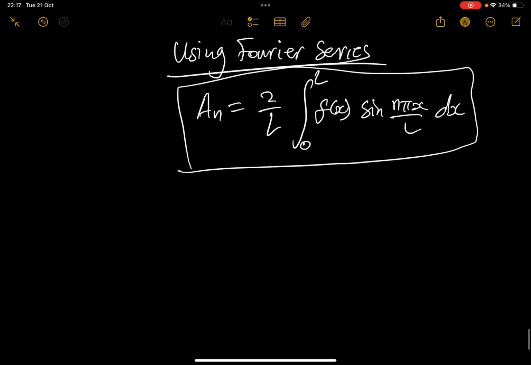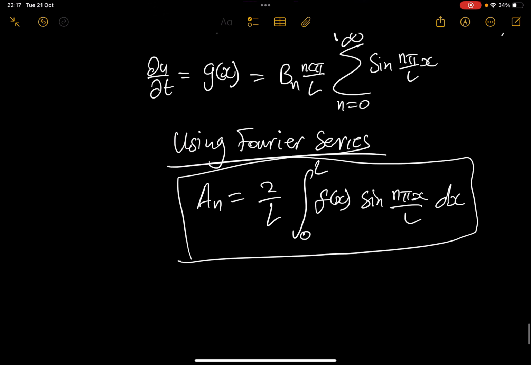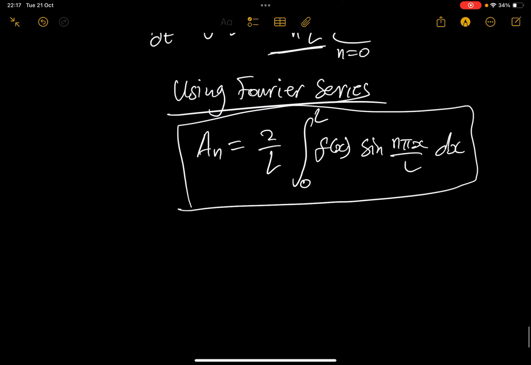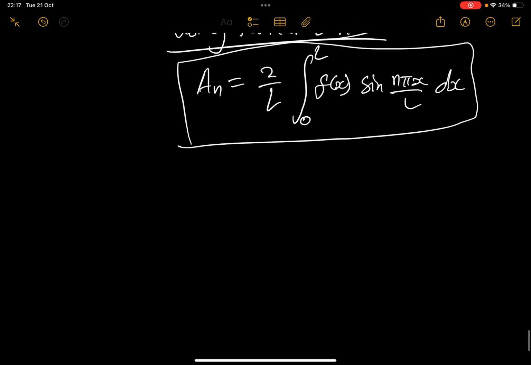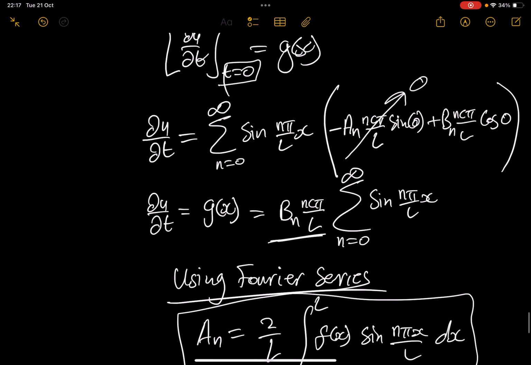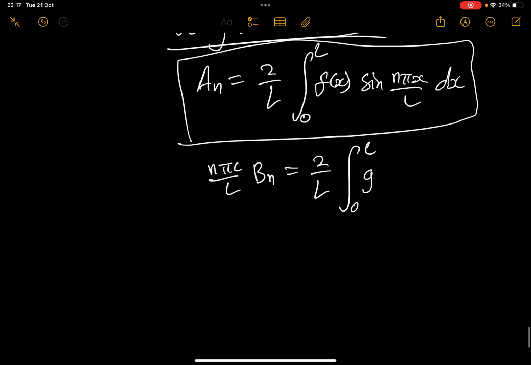Again, to find bn, we know that bn is here, so we have n pi c over L bn. Using the Fourier series, we know that this is equal to 2 over L integral from 0 to L of what? Remember, bn is associated with g of x, so g of x, then cos n pi x over L dx.